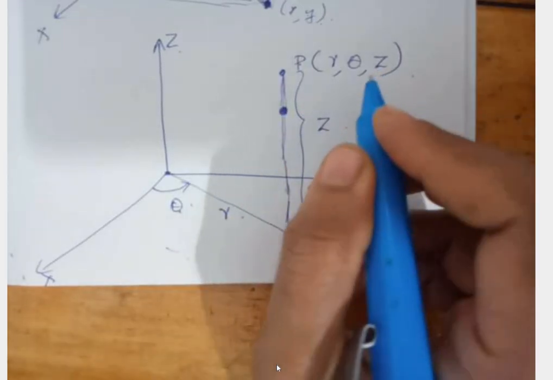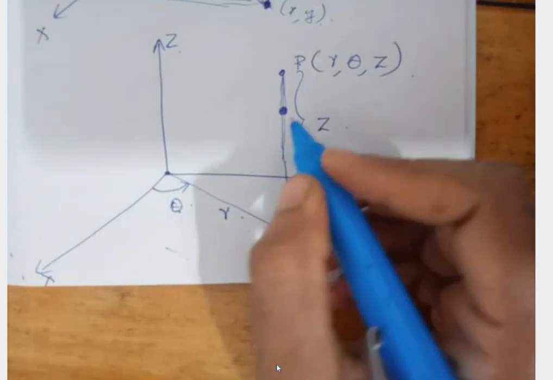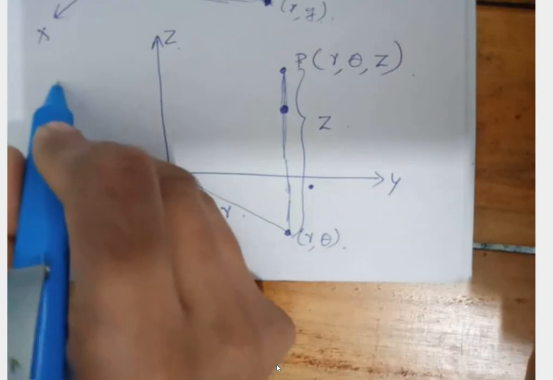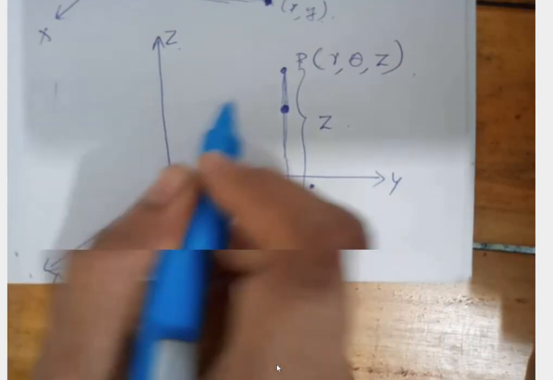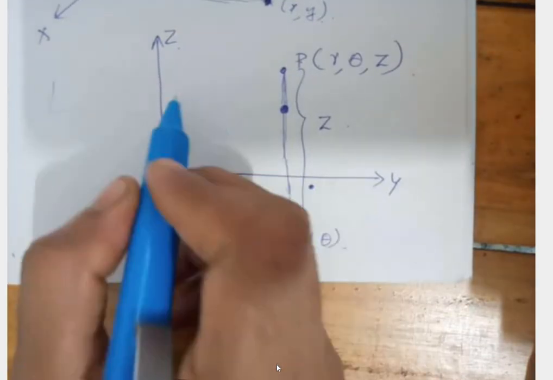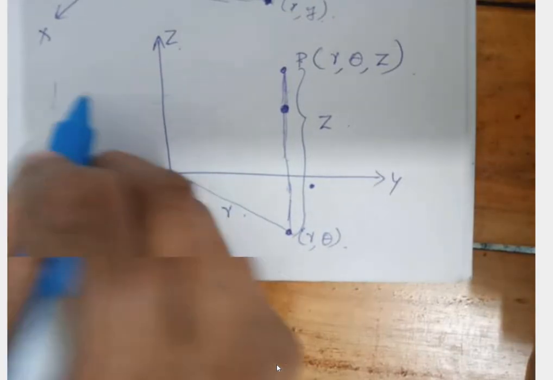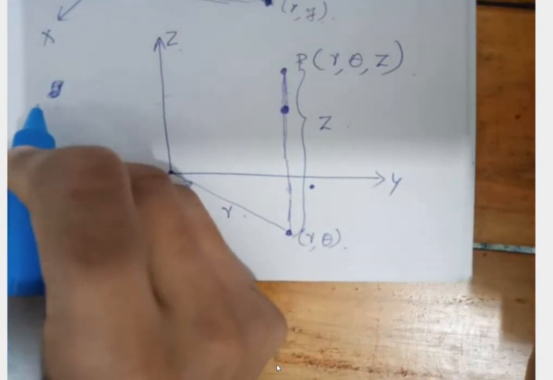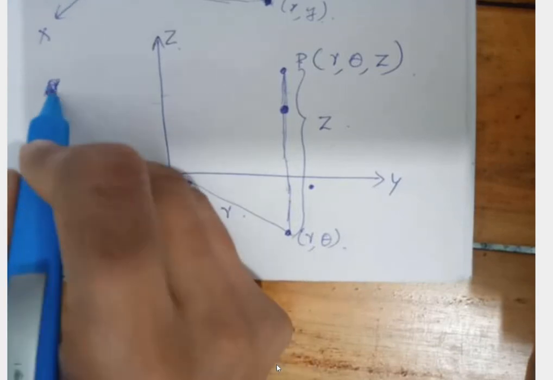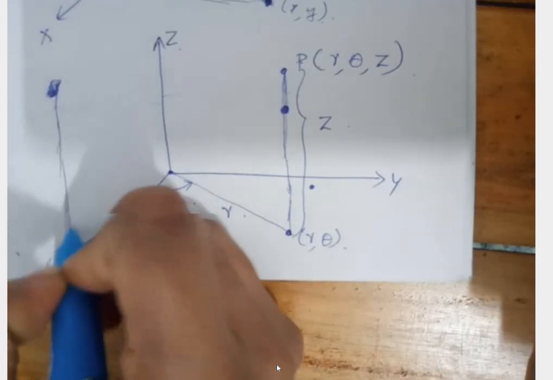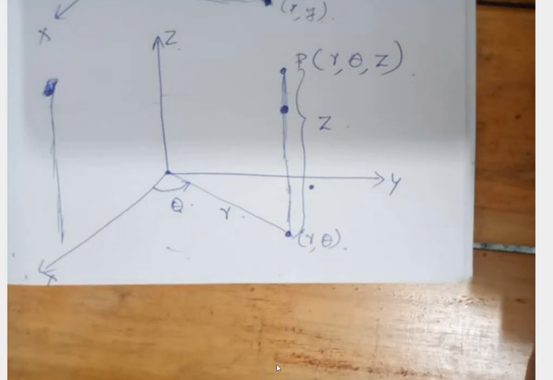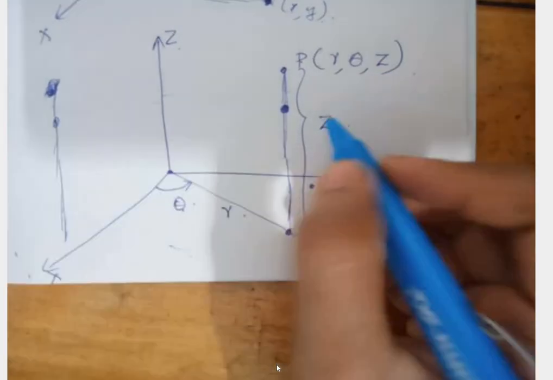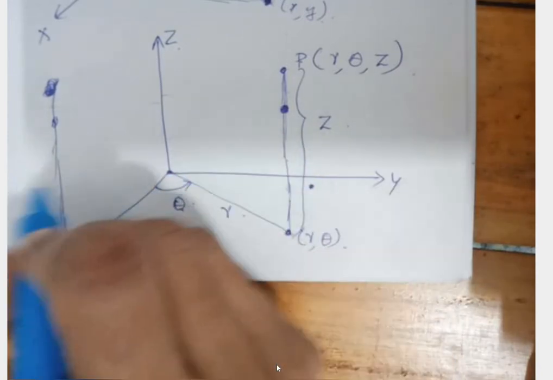So this point lies in the same region, and the distance from this point is the same. Suppose this is a point here, consider this region. Here also, the distance from this point to this point is the same.